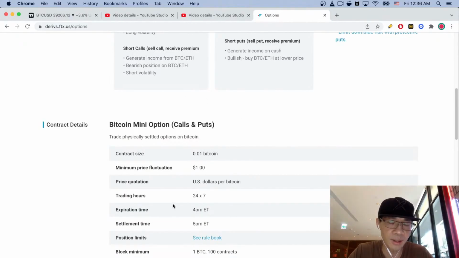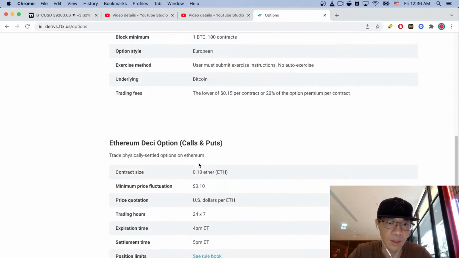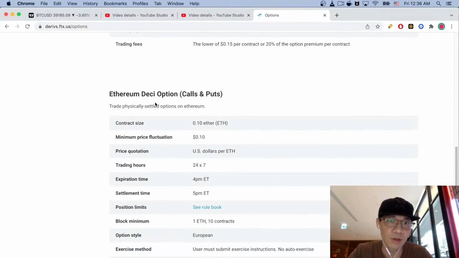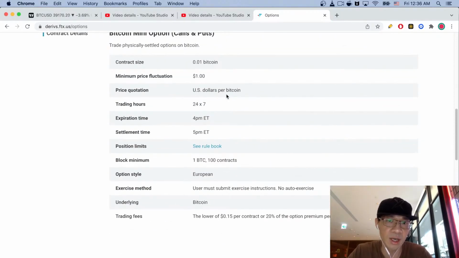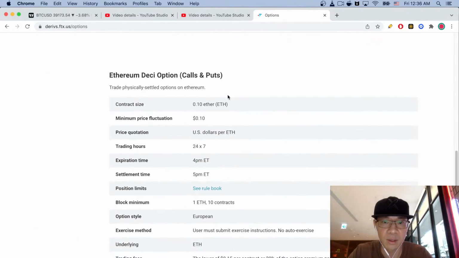This is something we can start to learn, because this is a pretty new market in this space. So Ethereum, now you can also sell calls and puts. This is another way for you to collect income on Ethereum that you already hold. So you sell the call option, you're holding it, so you can't stake it. That's locked, but you're selling call options against that position.